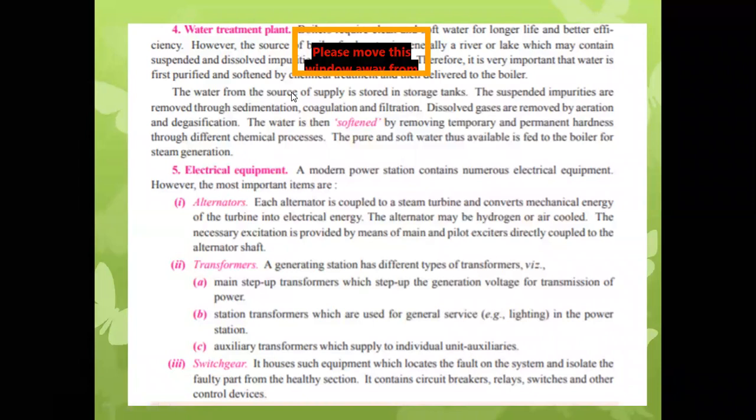Auxiliary transformer, which supplies the individual unit auxiliaries. Small transformers, small in the sense of small rating, are also required for the working of individual unit auxiliaries.